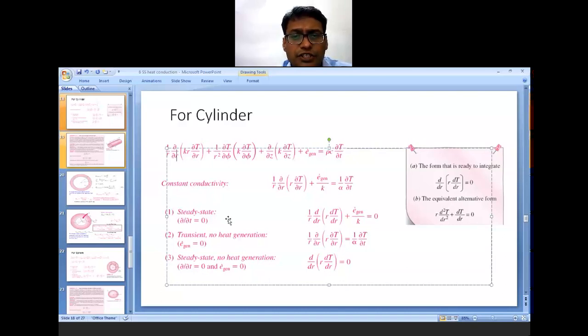Then if it is a steady state condition, this dT upon dt goes to zero, and the remaining terms stay. If there is no heat generation, the heat generation term goes to zero. And if it is steady state with no heat generation, then both the heat generation term and the steady state term go to zero. So it is only in one direction.